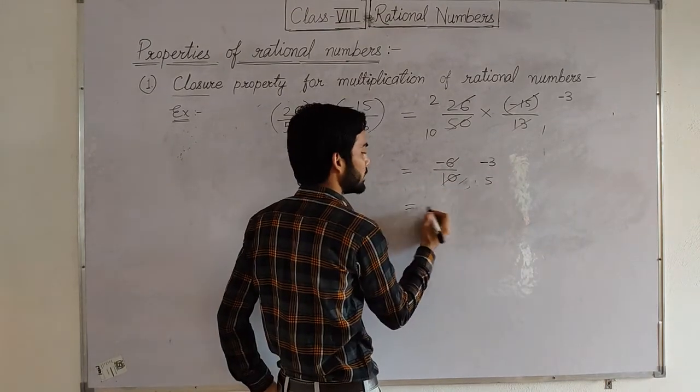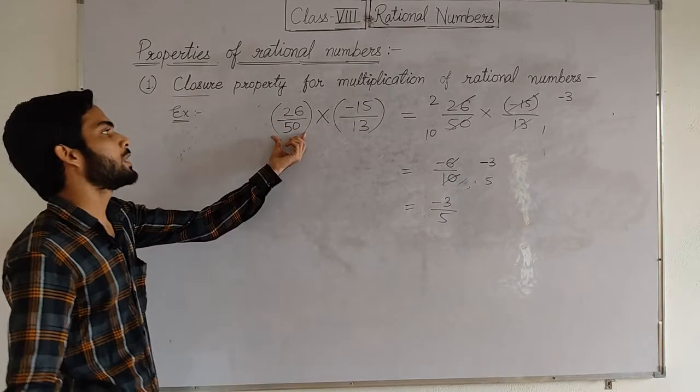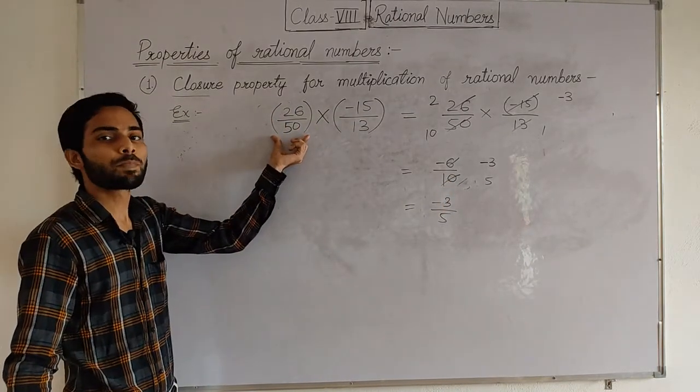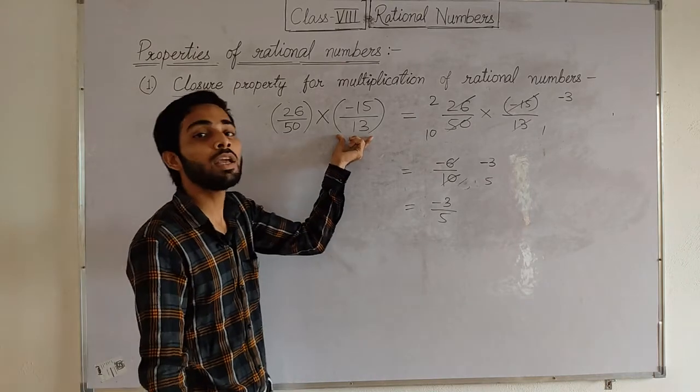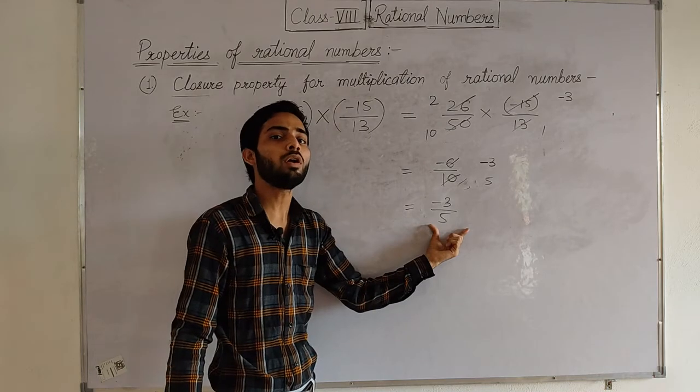So what is the answer? Minus 3 upon 5 is your answer. On multiplying 26 by 50 by minus 15 upon 13, you got minus 3 upon 5.